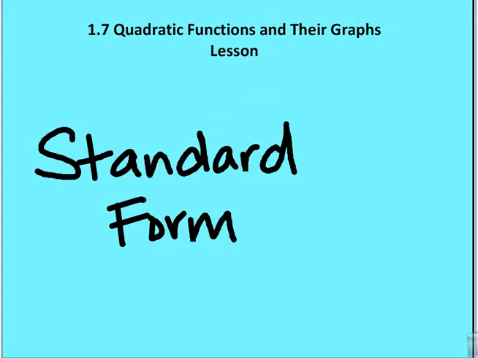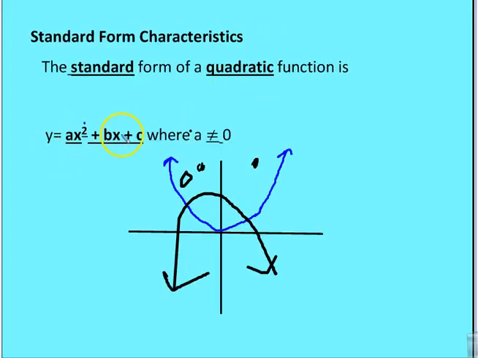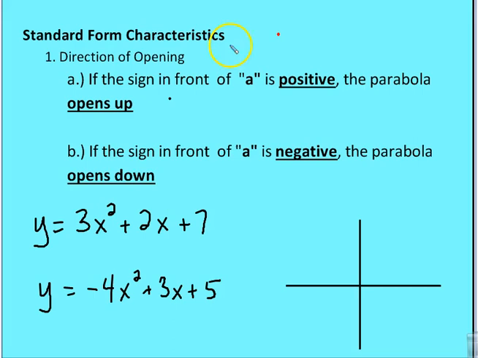Okay, so standard form, again, y is equal to ax squared plus bx plus c, where a cannot be equal to 0. When the graph opens up, we call this a happy face parabola, and a is going to be a positive value. When it opens down, a is going to be negative. So again, when a is positive, the parabola opens up. When a is negative, the parabola opens down. You can see for the first example, it opens up.